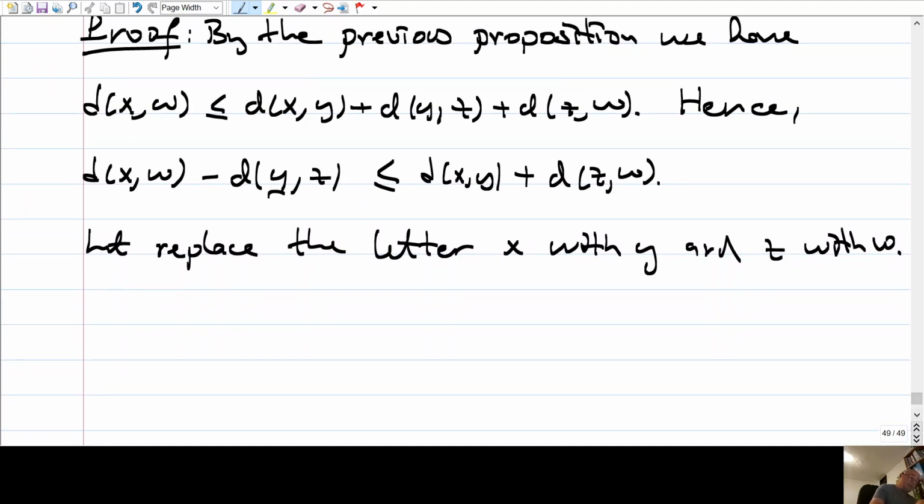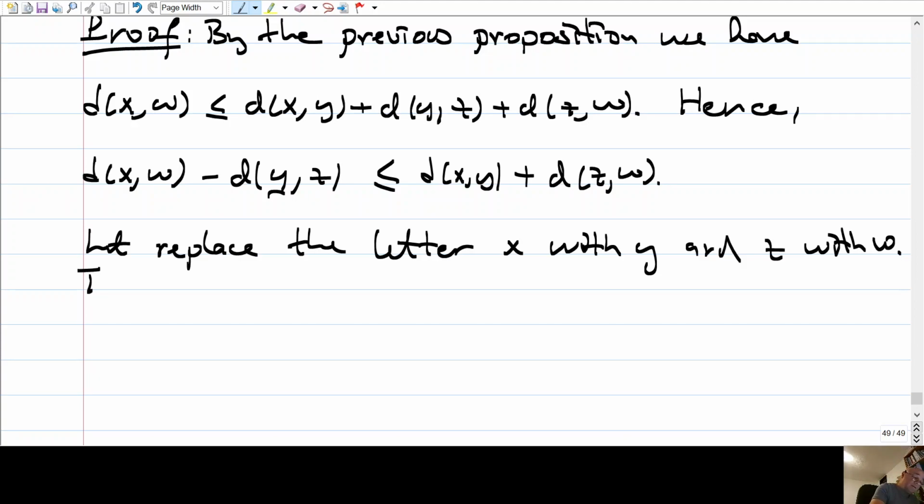So this is not mathematics, right? In the alphabet, whenever I see x, I will write y. Whenever I see y, I will write x. And whenever I see z, I will write w. Whenever I see w, I will write z. So what happens to this inequality then?